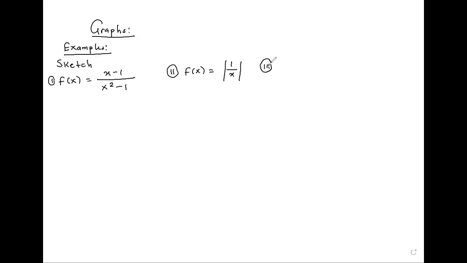and 3, f of x is equal to 2 minus the root of 3x minus 1, and then 4, f of x is equal to negative 3 plus the absolute value of 2x minus 3.